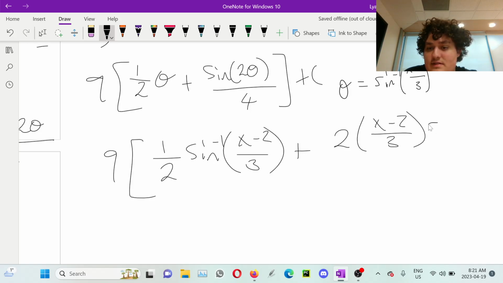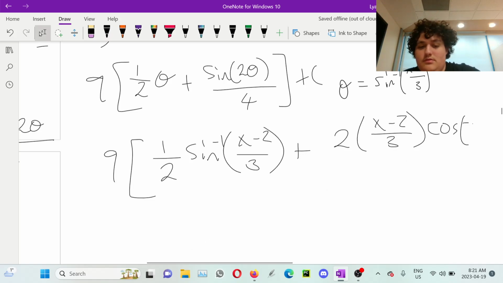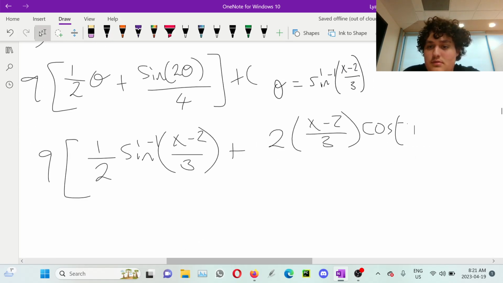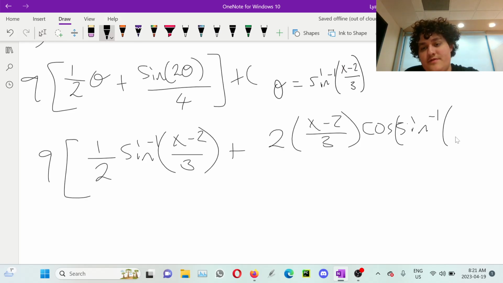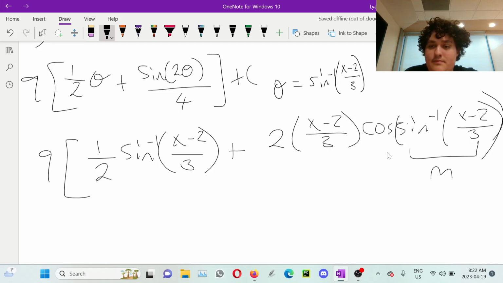Now we have, that was sine, so now we have cos of sine inverse of this. Okay, let's let this be m.